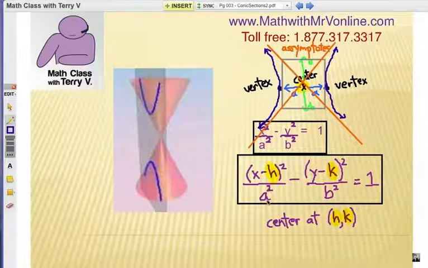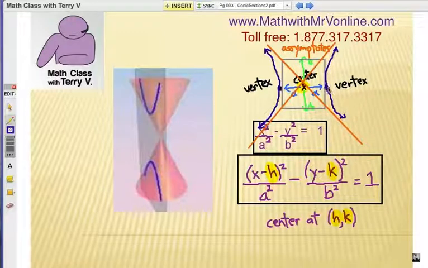The a value, so you take the square root of whatever's underneath, is the horizontal distance apart the vertex points are, and the b value provides the other dimension of a rectangle. Then you draw the diagonals. Those are called the asymptotes, which are sort of like border lines.